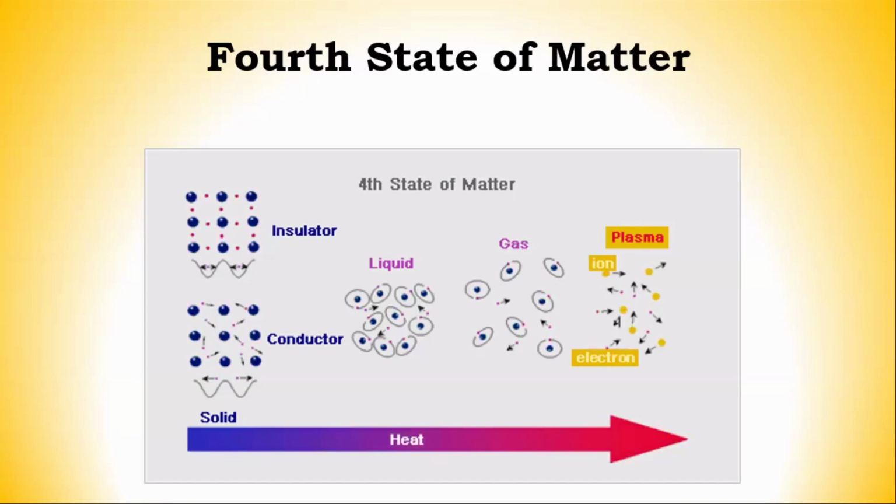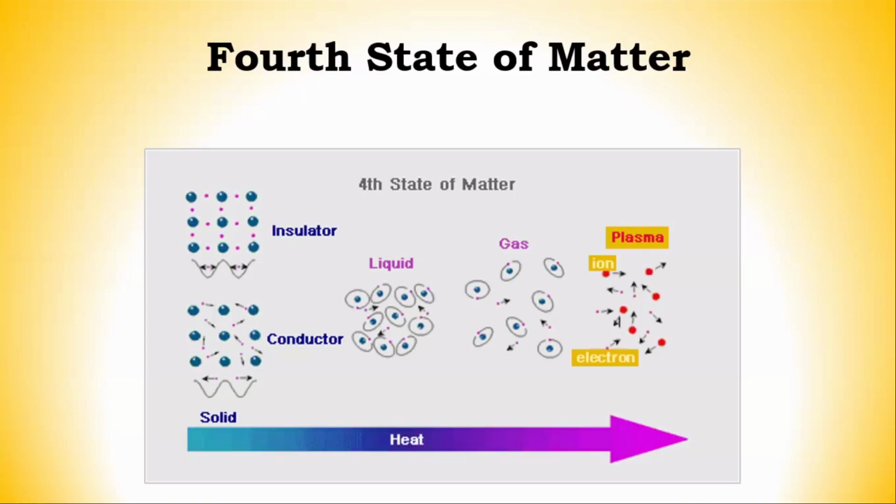Then on increasing the temperature, the liquid gets converted to the gaseous state, and on still heating the gaseous form, we get the plasma. When you still heat the gaseous form, the ions and electrons, the charged particles, get separated from the atom, and we get ions and neutral particles in the plasma state.